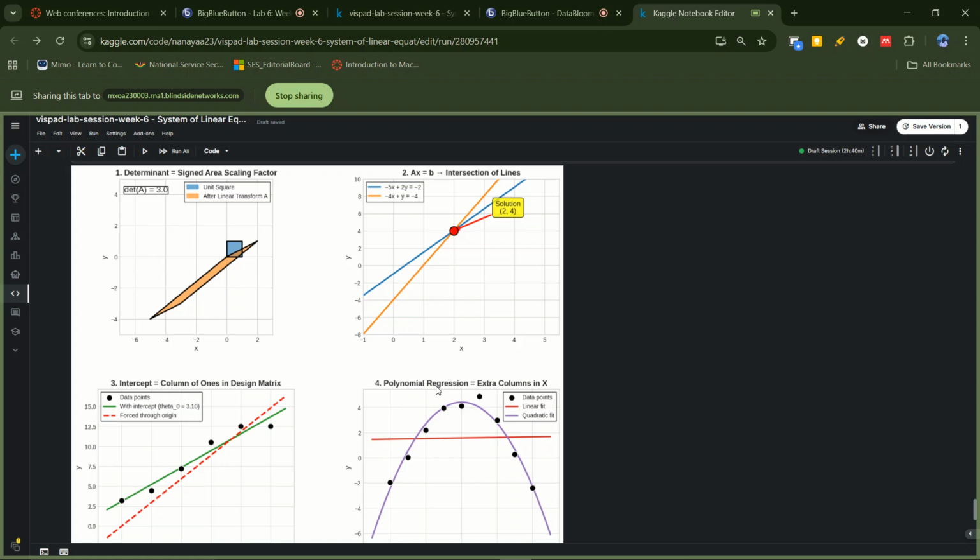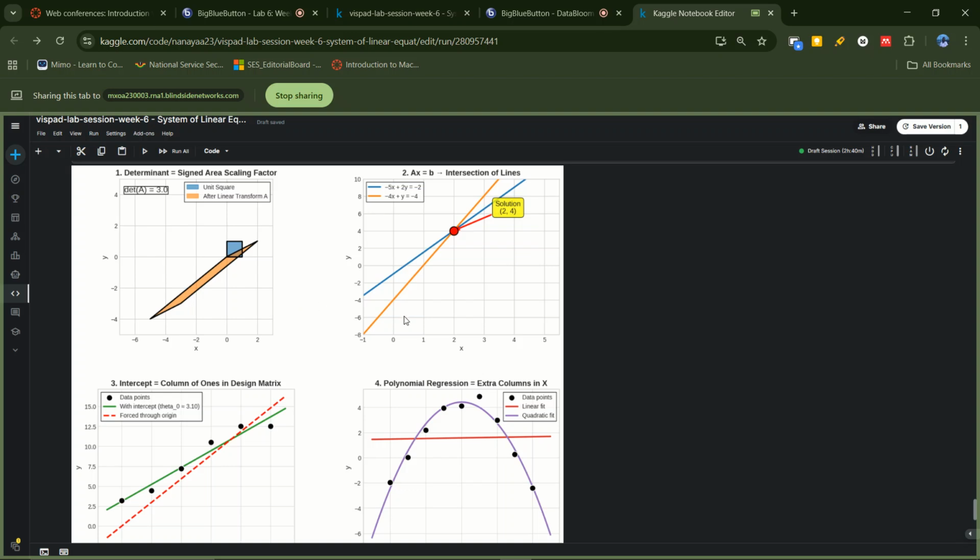What does it teach us? It teaches us that the determinant tells you how much a linear transformation can stretch or flip the area. That is how important the determinant is.